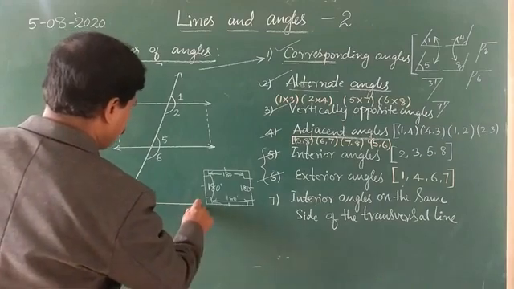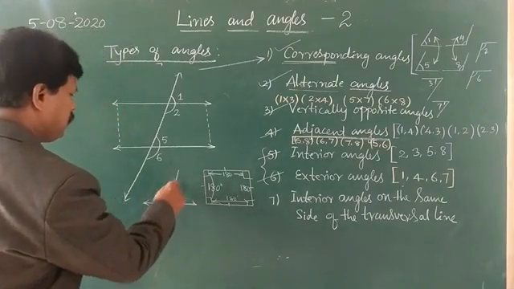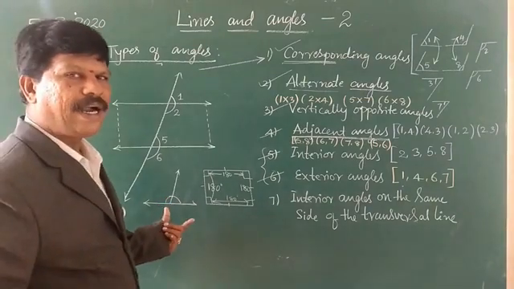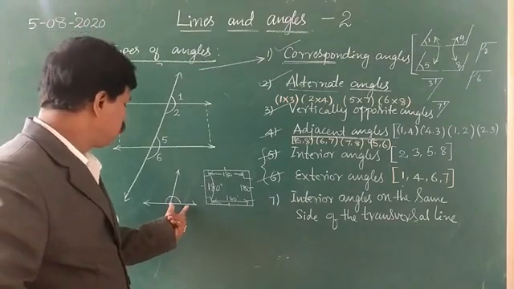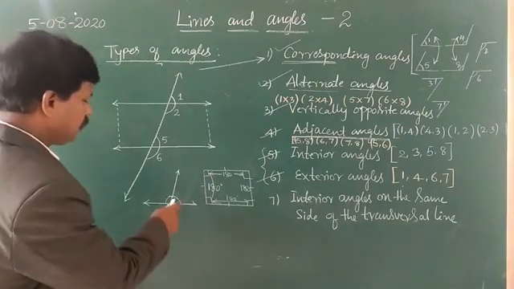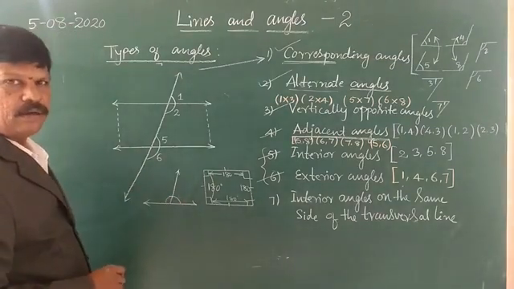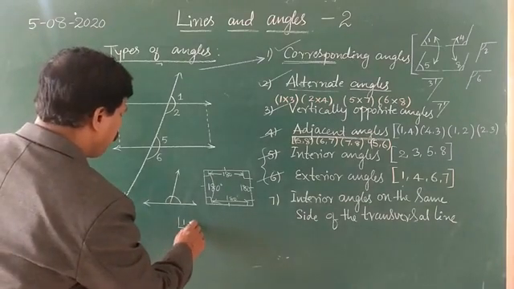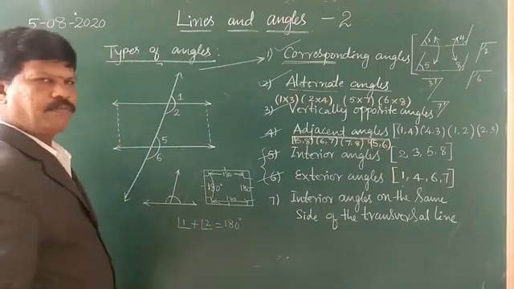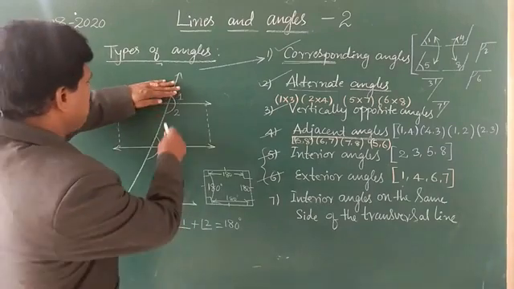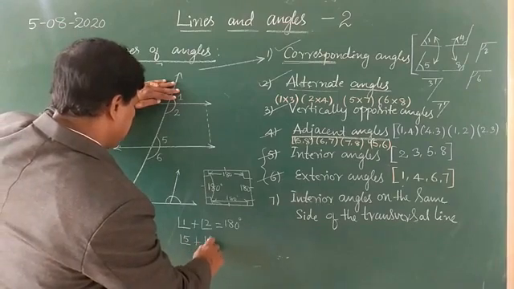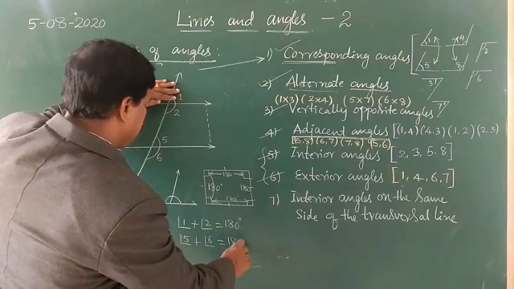These two angles are called adjacent angles, where the two non-common rays form a straight line. Therefore, these two are called a linear pair. The sum of angle 1 plus angle 2 is equal to 180 degrees. Similarly, angle 5 plus angle 6 is equal to 180 degrees.